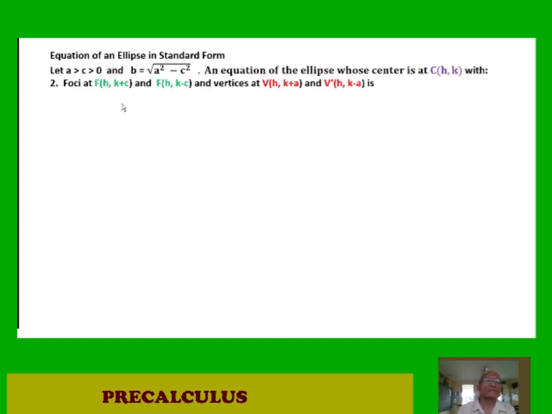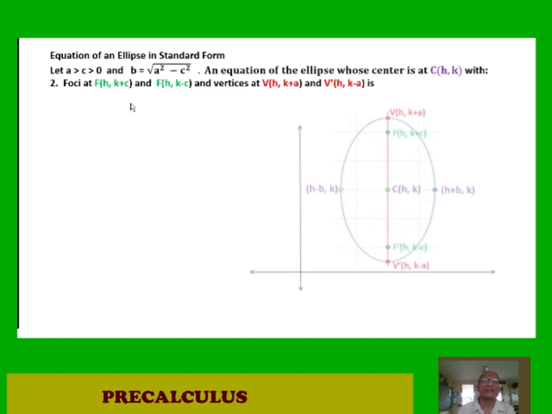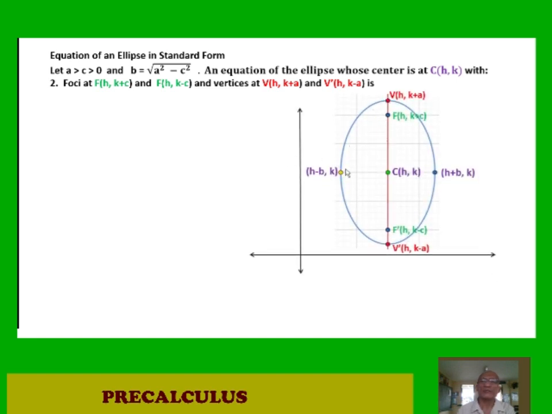Next, with the same condition, the ellipse is centered at (h, k), and the position of the ellipse is vertical this time. The major axis is this vertical line, x equals h.